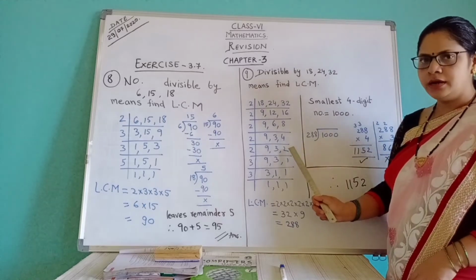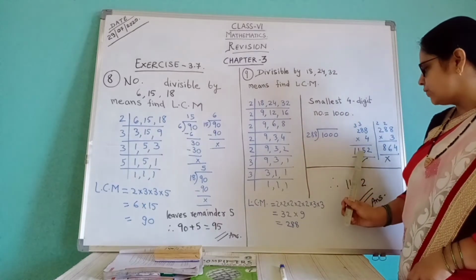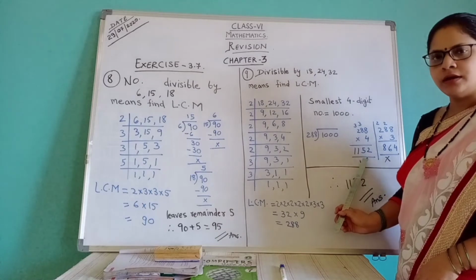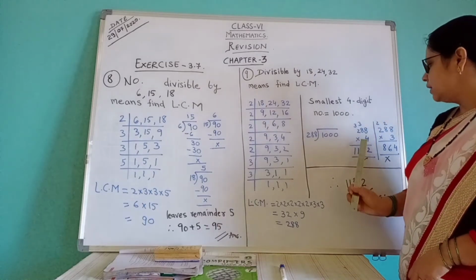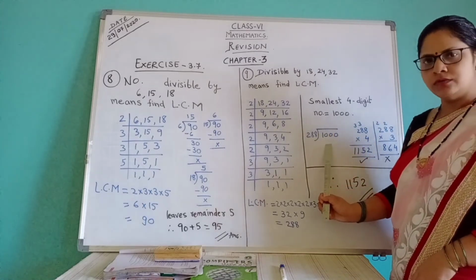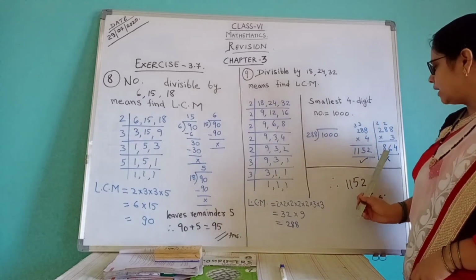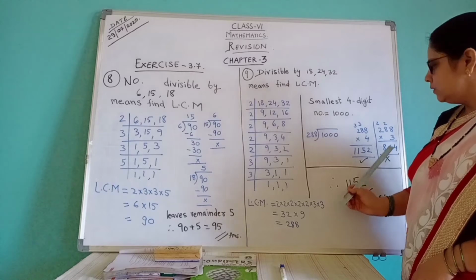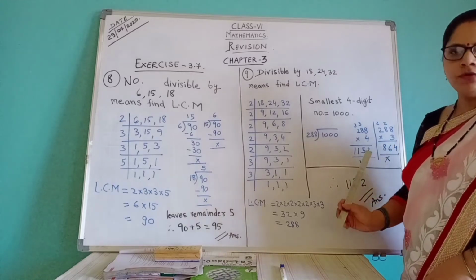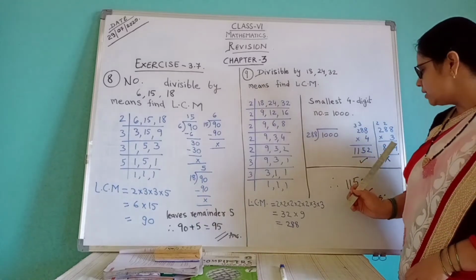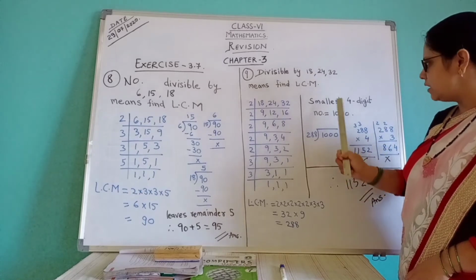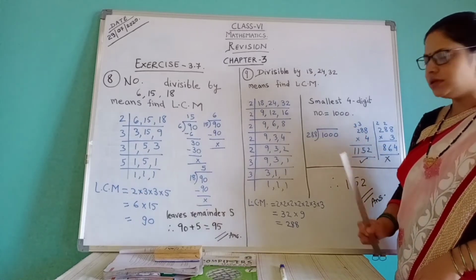Directly we will not get it, so first we multiply by 4. We are getting 1152, and it is a little more than 1000. So we will go for 3 also. By multiplying by 3 we are getting 864. But 864 is not a 4-digit number, it is just a 3-digit number. A 4-digit number we should get in the answer.